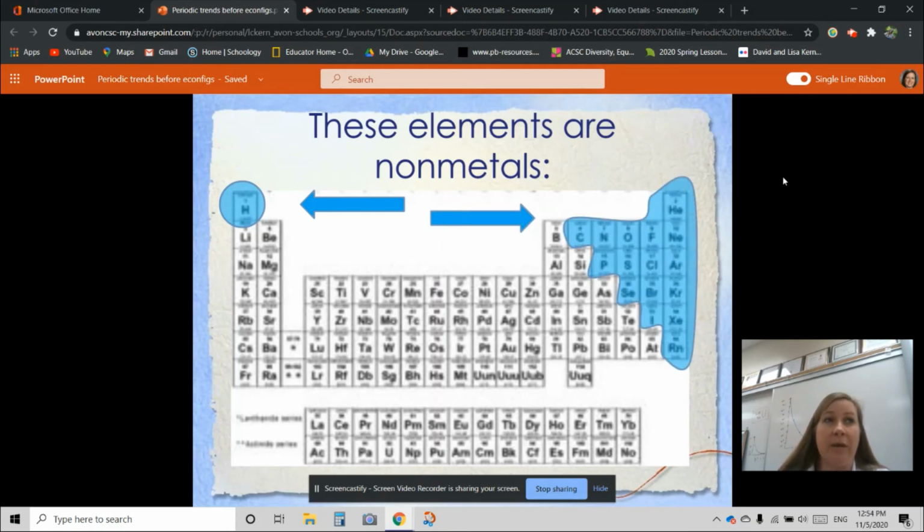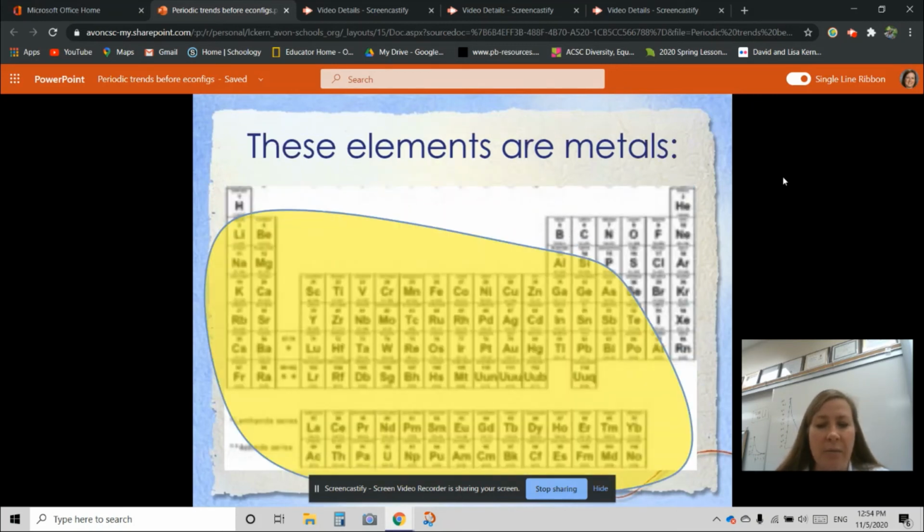You probably already knew that for some of these, like helium and oxygen, are obviously not metals. But the rest of them being all grouped together, you should be able to locate those. So for example, I could ask you a test question like, chlorine, is it a metal or a nonmetal? And you would say it's a nonmetal just by looking it up on your periodic table.